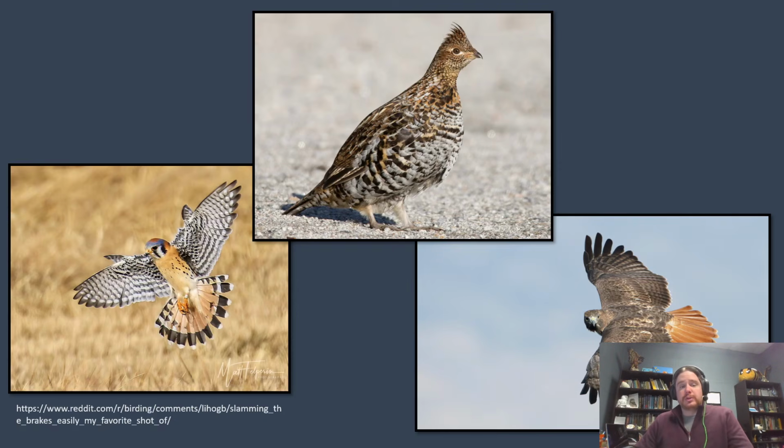Some other ways we can tie in things like wing morphology and dealing with things like drag to these birds' natural history. You will see in birds like hawks that do a lot of soaring, the wing tips are not overlapping each other.